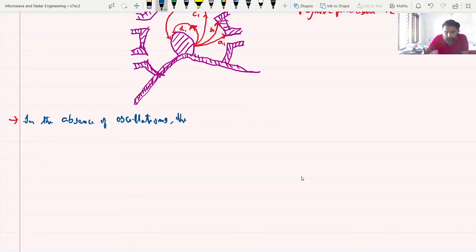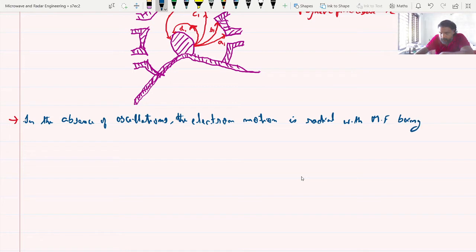The electron motion is radial with the magnetic field being 0, as shown by electron path A1.